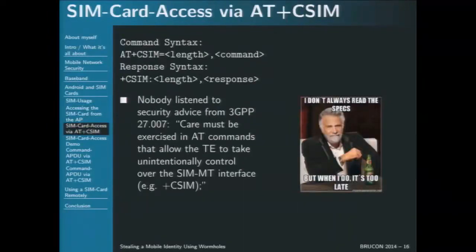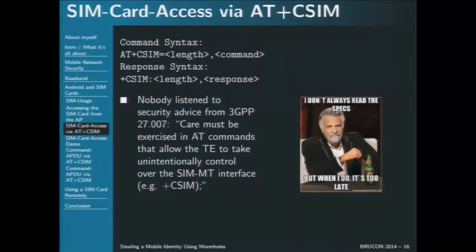So, what is the command syntax? It's basically you send the AT+CSIM, then you send the length, and then you send the hex encoded command. The response has the syntax, also length and response hex encoded.